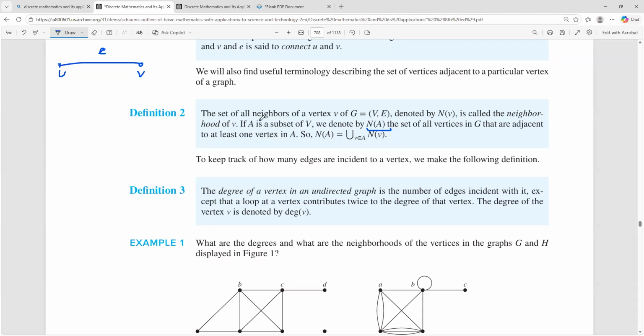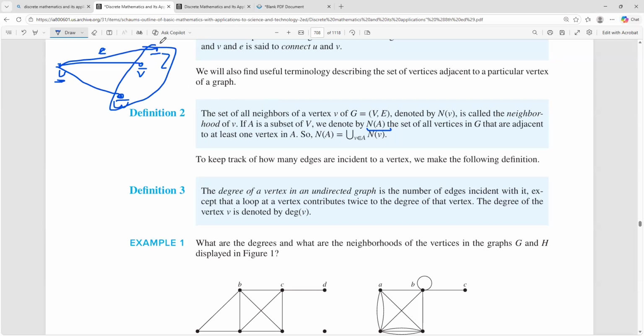Okay, neighborhood of V. So basically, let's say I add another vertex W, and another one Z, and I have edges from here to here and here to here. If I take the graph and I take some random vertex, say U, and I find every vertex that is connected to U, these vertices then become the neighborhood of U. In this case, I use V, but it's the same topic.